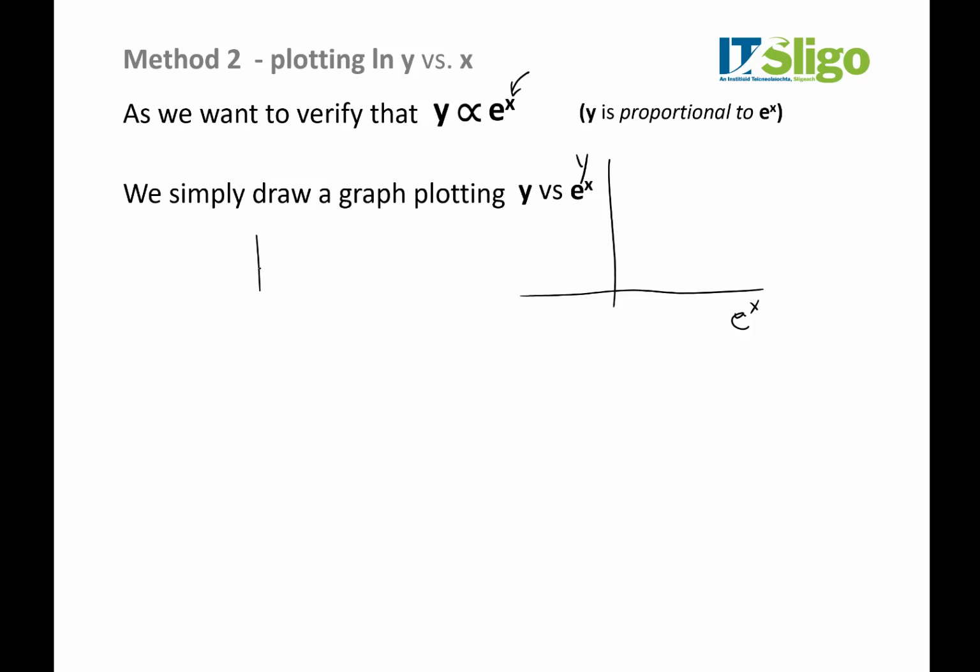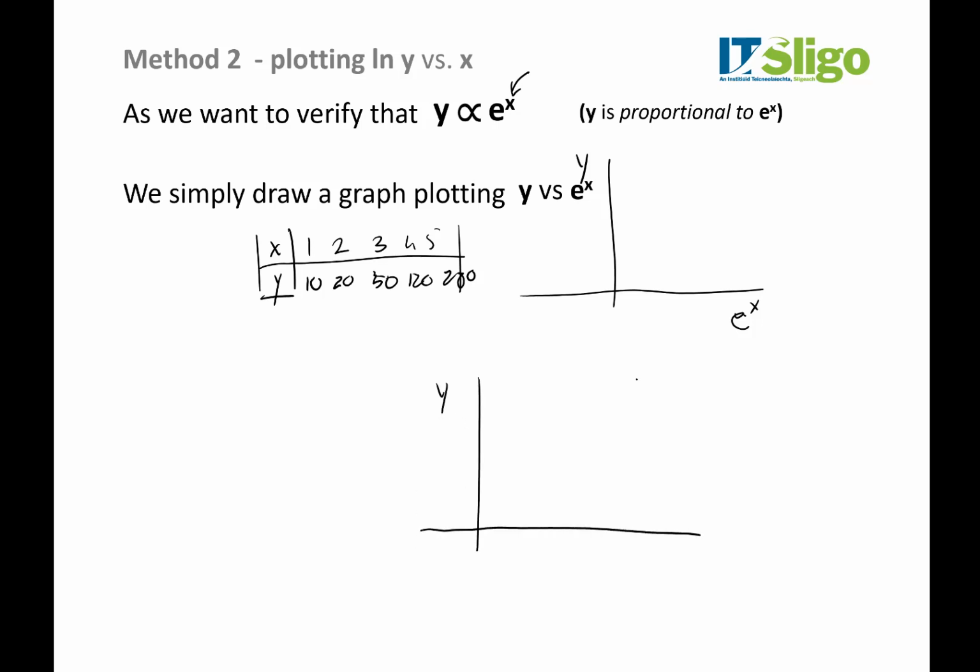So you'll be given a bunch of data. Here's x, just like before. 1, 2, 3, 4, 5, 10, 20, 50, you know, something like that. We could just plot our y values and then get e to the power of x.